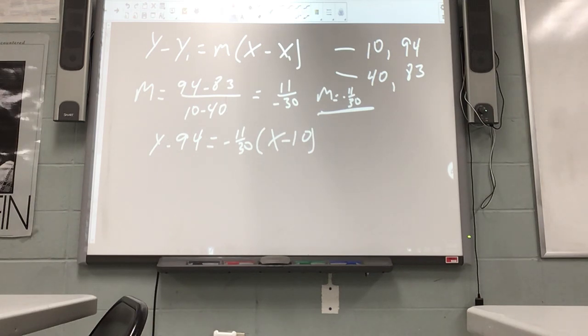So that gets me, when we start cleaning up, Y minus 94 equals negative 11X over 30 plus 110 over 30. So then my last step would be to add the 94.